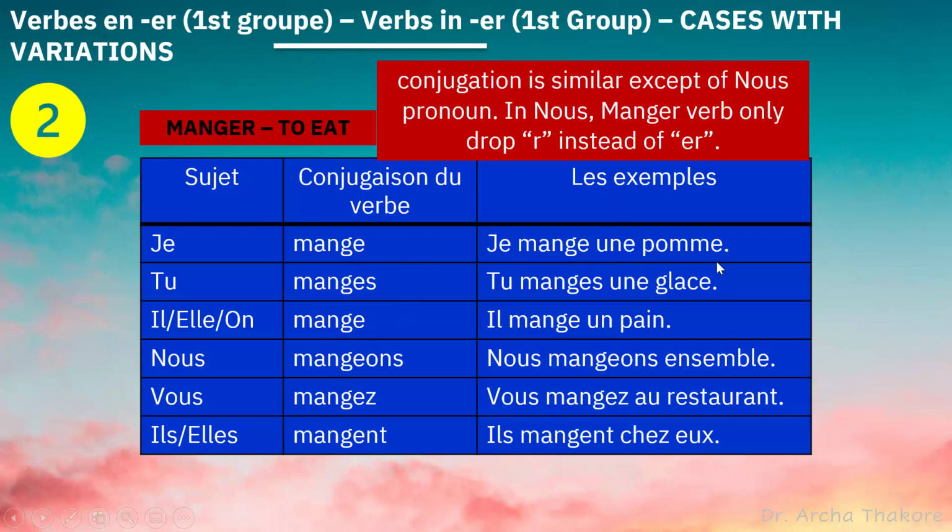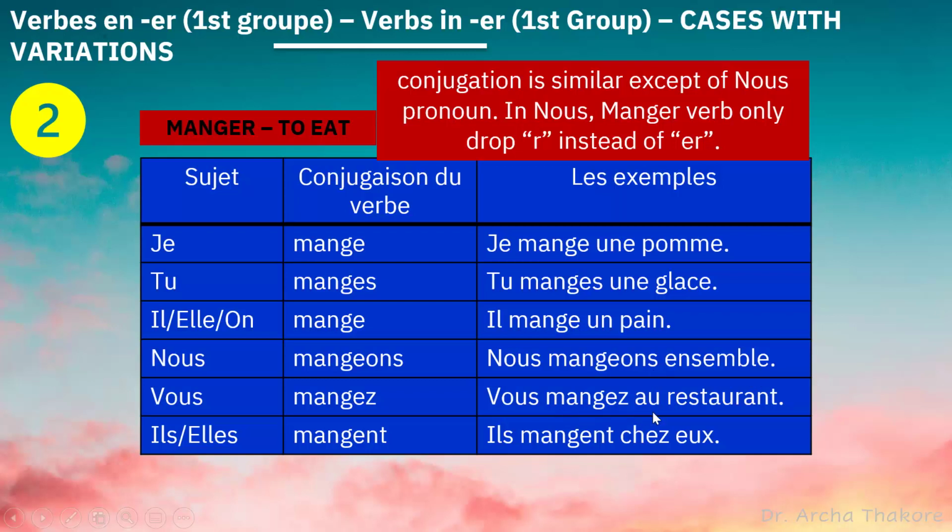Je mange une pomme, tu manges une glace. See, you're getting a lot of vocabulary also because I've put different words. Pomme is apple. Je mange une pomme, tu manges une glace. Il mange un pain. Pain, bread. Nous mangeons ensemble. We eat together.